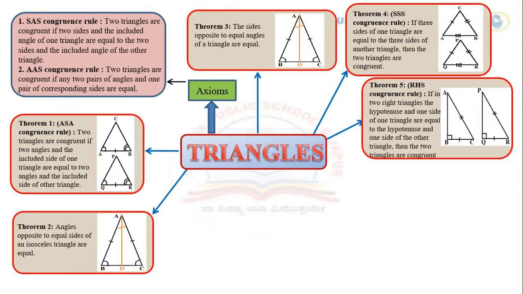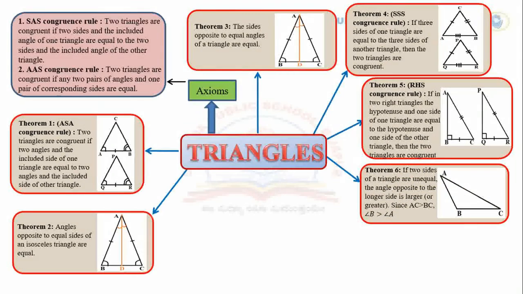You can see the triangle ABC and triangle PQR, they are right angled at B and Q, and it is also given the side BC is equal to QR and the hypotenuse AC is equal to the hypotenuse PR. Then both the triangles, that is triangle ABC is congruent to triangle PQR.